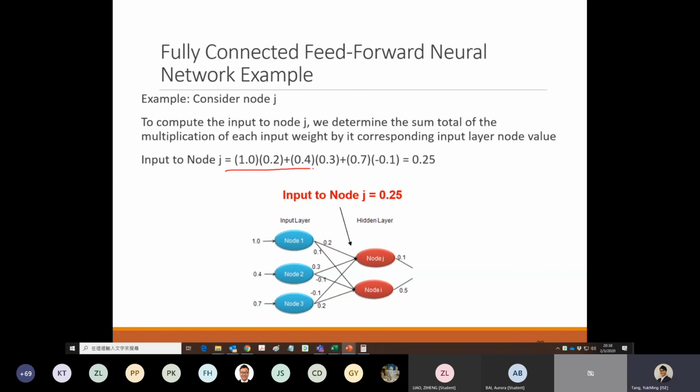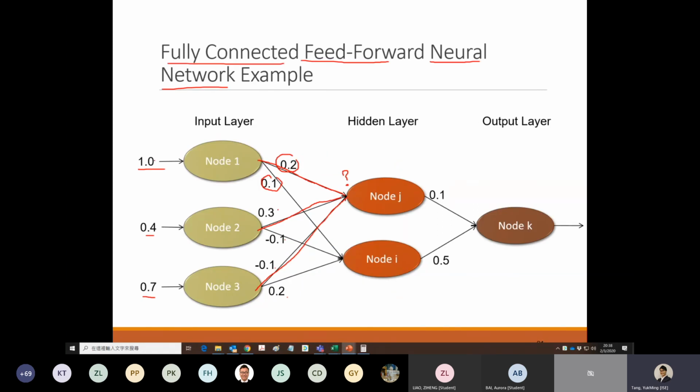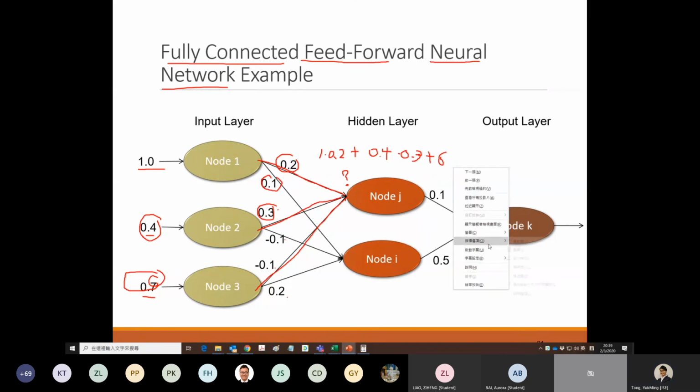You need to use this equation. That means input for the 1 is 1, and the weight is 0.2. That means 1 times 0.2 plus 0.4 times 0.3 plus 0.7 times the weight correct to loop J, this one, minus 0.1.